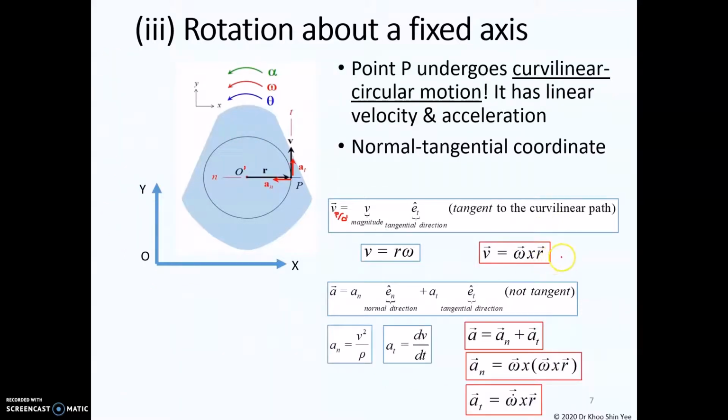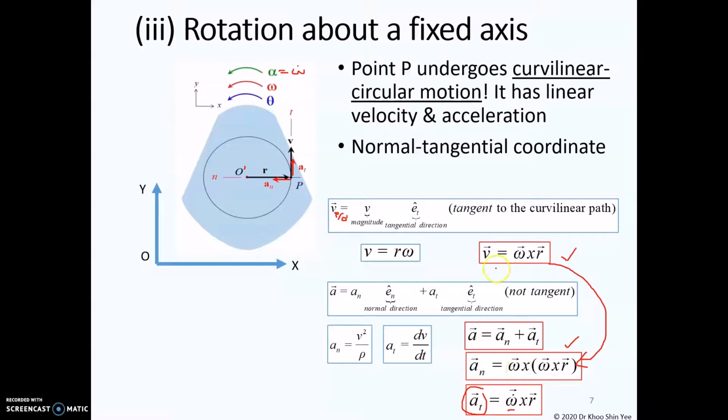With that, you should obtain the velocity and the acceleration equation in the vector format. We can further simplify this equation by substituting the v inside to obtain the omega cross v. And then for the tangential acceleration, you must know the omega dot here is referred to the angular acceleration.